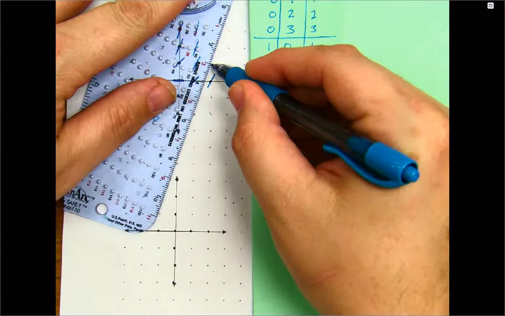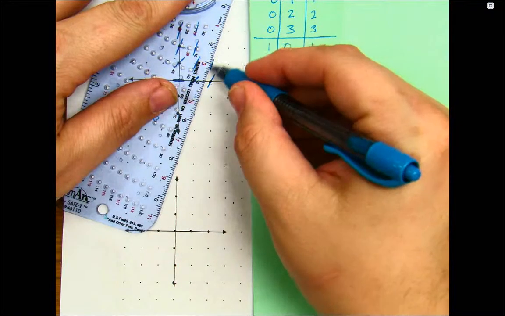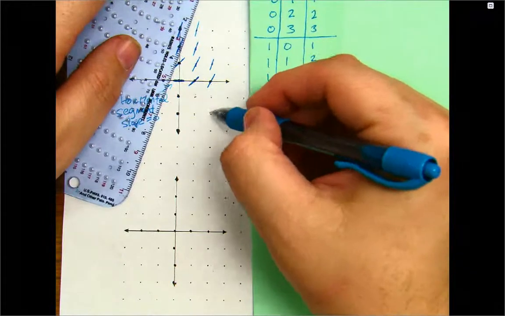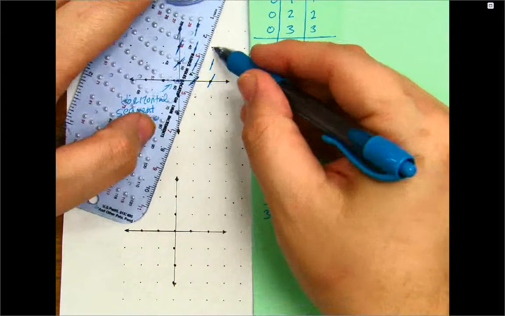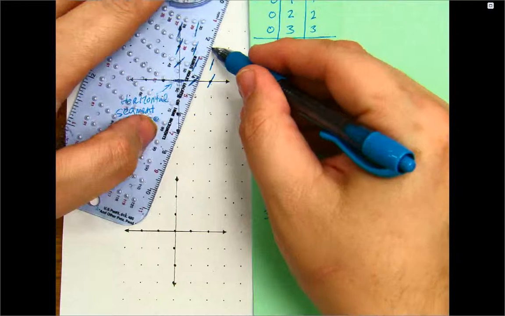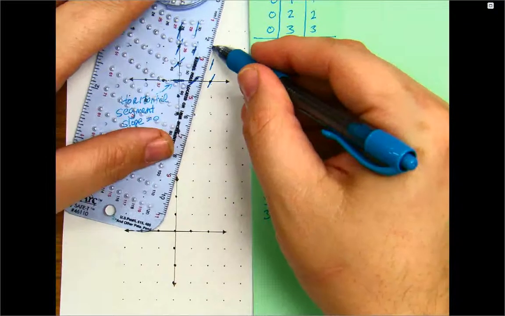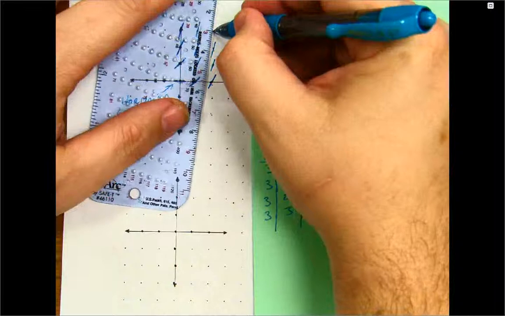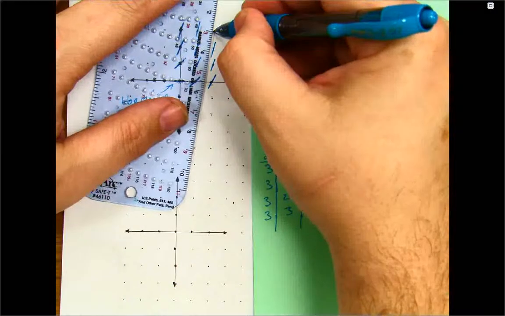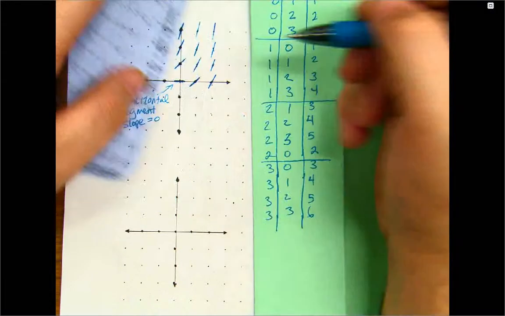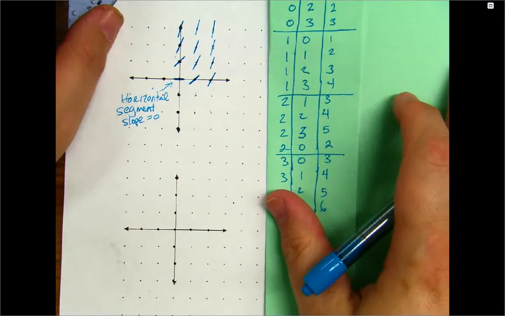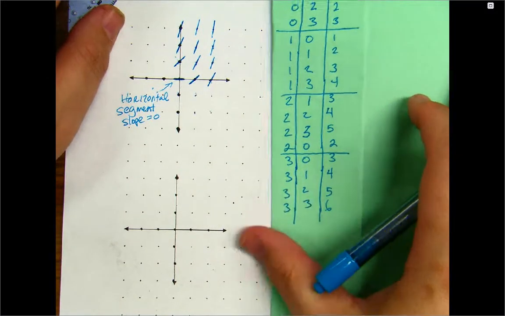Then 4, 1, 2, 3, 4, and here, and 5 is going to be like that, and then I get the 3. 3 has a slope of 3.